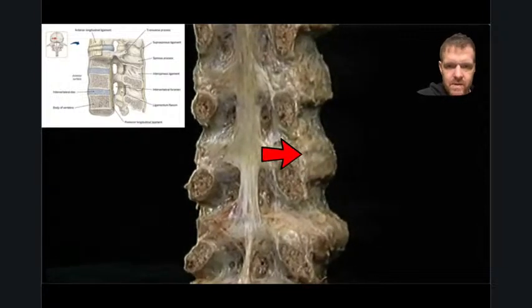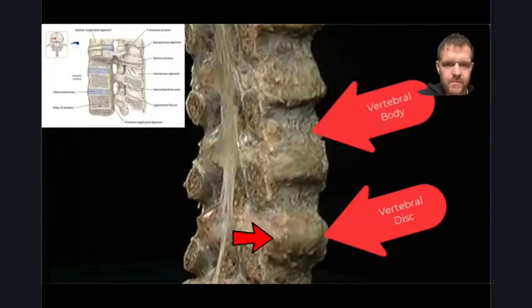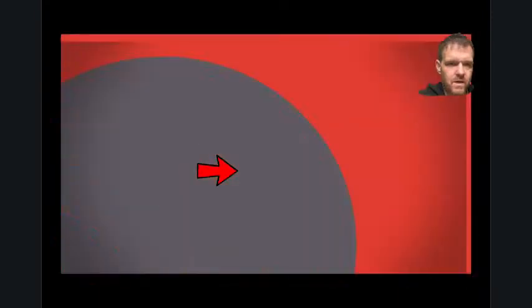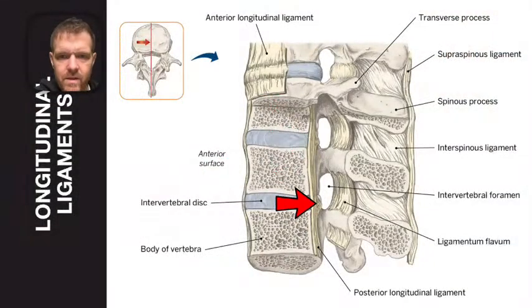Okay, so there, you can see the discs in between the vertebra. There's one there, there's one there. There you go, cool. So that is that one at the back. We've done that one, that's your ligamentum flavum. We've done that one, that's the posterior longitudinal. And then this one at the front is the anterior longitudinal.